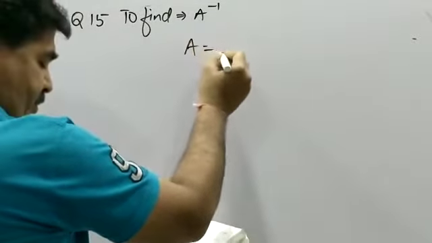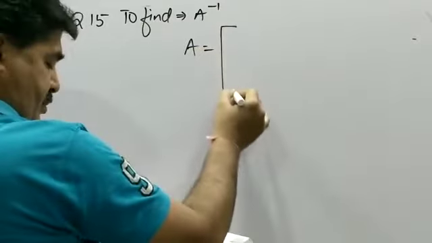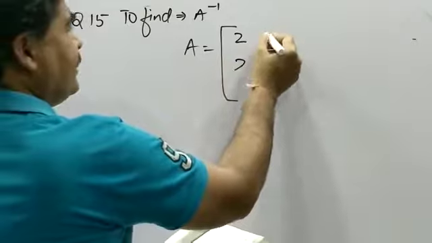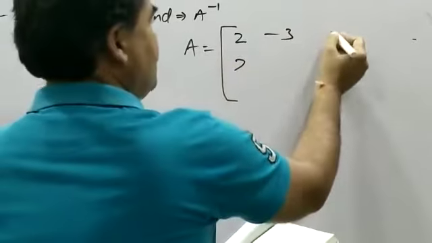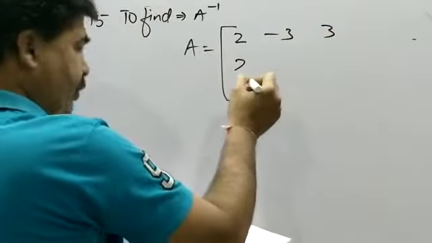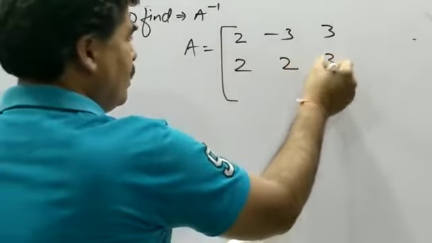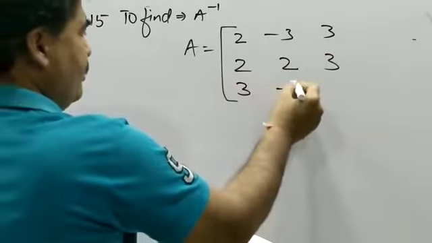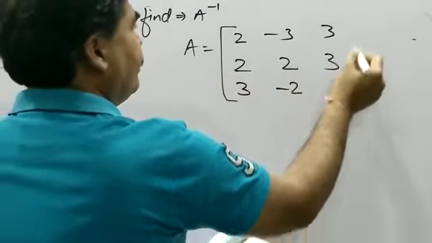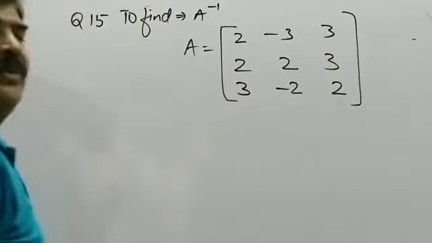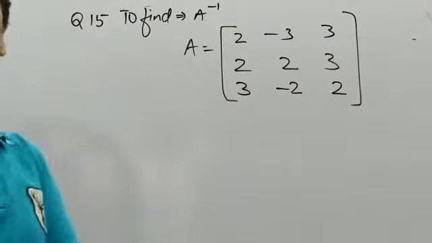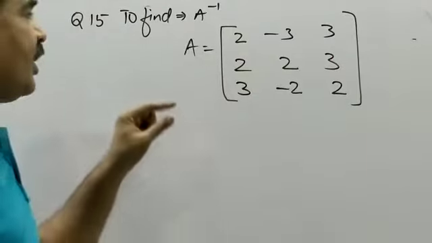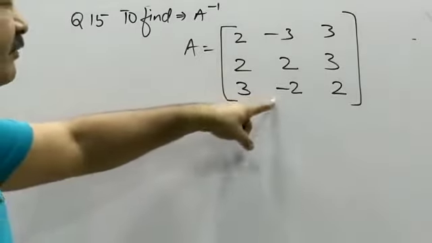A is equal to 2, minus 3, 3, then 2, 2, 3, and then 3, minus 2, 2. Clear? This is the given matrix, and we have to find the inverse of this matrix.